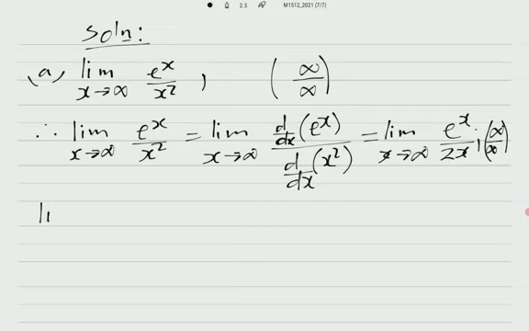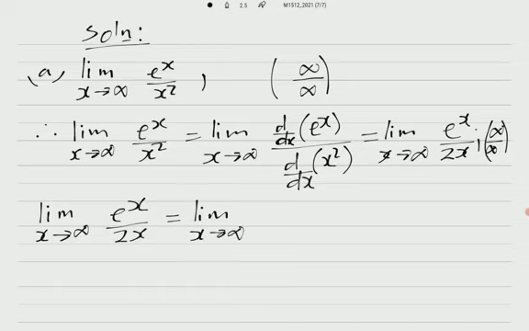So we can say the limit as x goes to infinity of e to the x over 2x will be equal to nothing but the limit as x goes to infinity of the derivative of e to the x over the derivative of 2x. But what do you get from those derivatives as x approaches infinity?